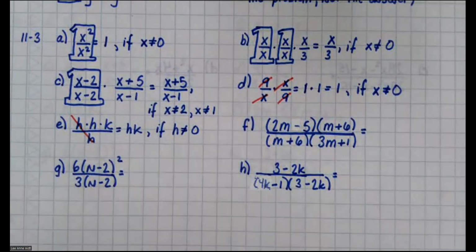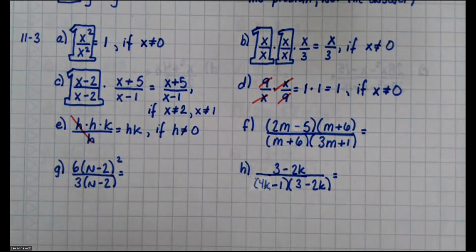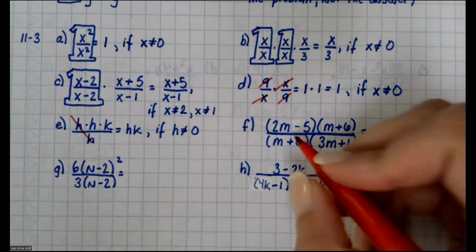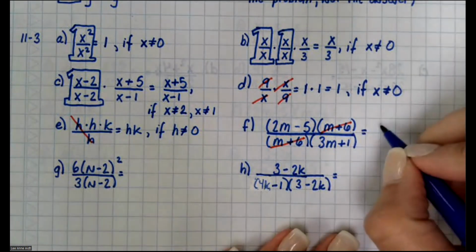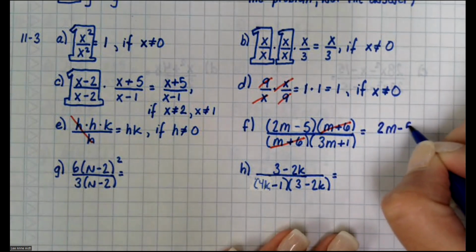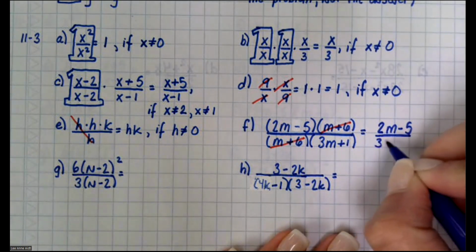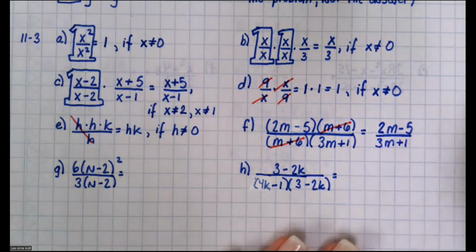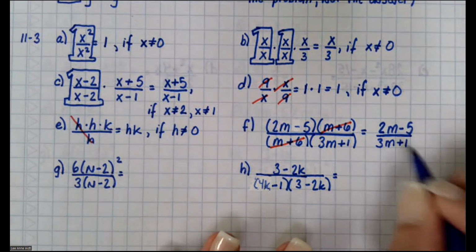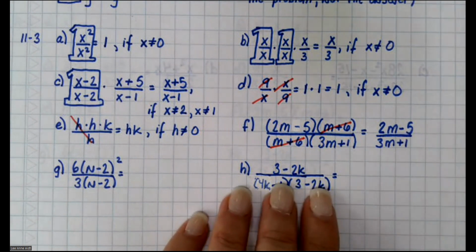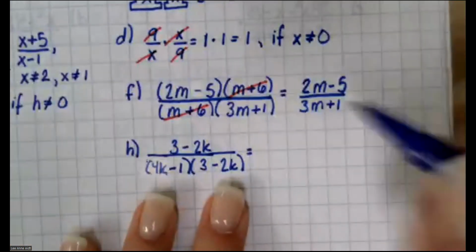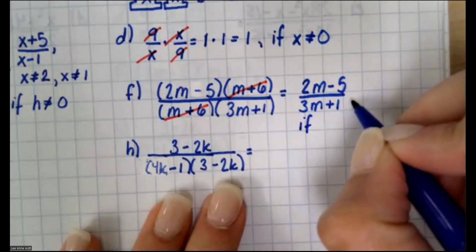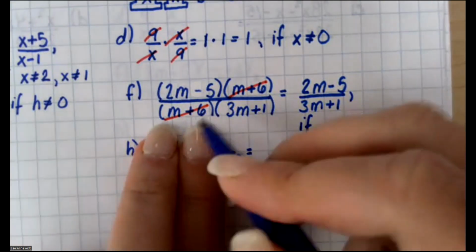Okay, F. Does anybody recognize a 1 in F? Yes. M plus 6 over M plus 6 is 1. That means that I have 2M minus 5 over 3M plus 1. Okay, this is where it starts to get fun. If... okay, so look here.